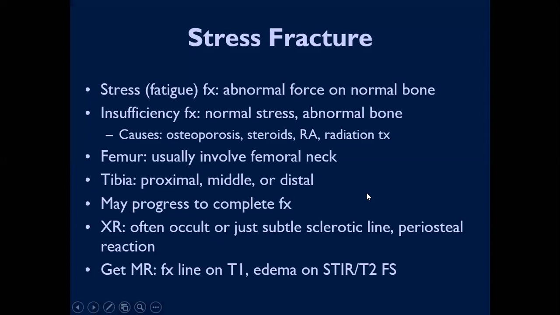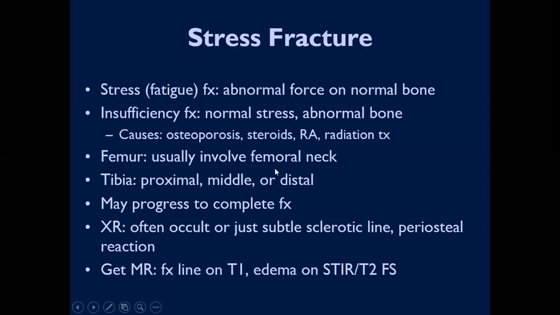You find a sclerotic line with some periosteal reaction. I think here it is not very obvious, but you can just see a subtle increase. But here in the STIR image, you can see it clearly. This is what's called stress fracture.